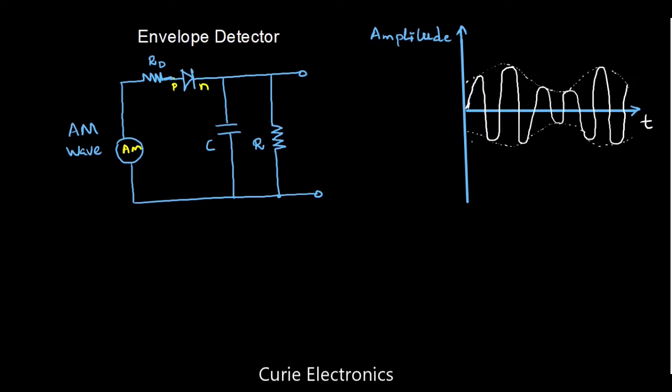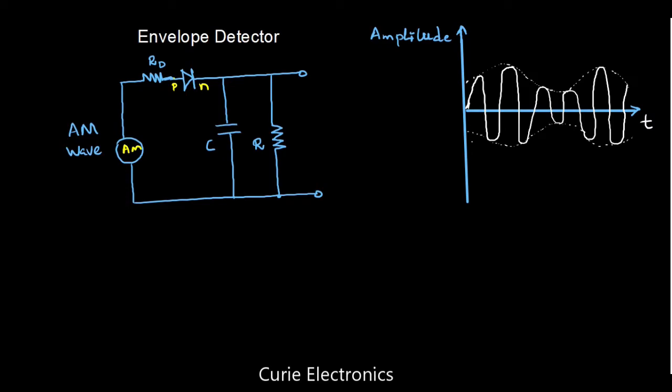Now the carrier wave is coming here. When the carrier voltage is greater than the N side voltage, then the diode conducts. Now we'll see this diagram, the plot of time versus amplitude.